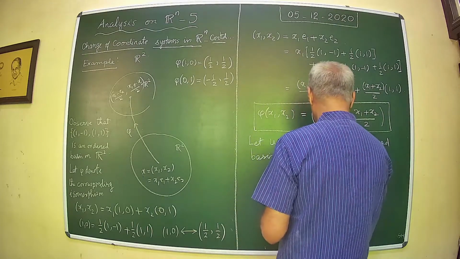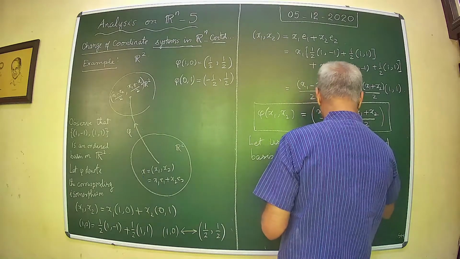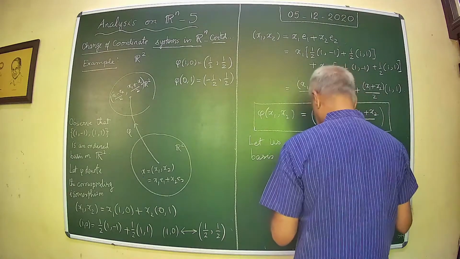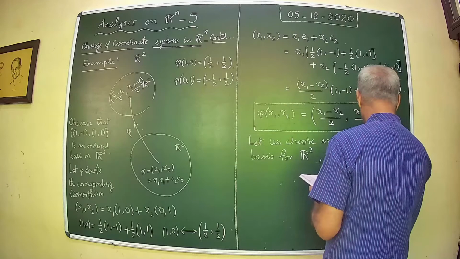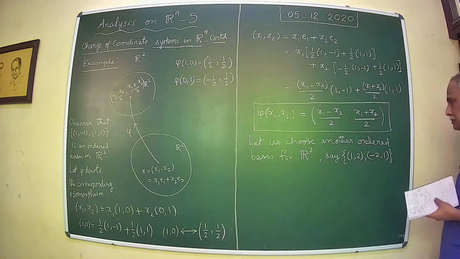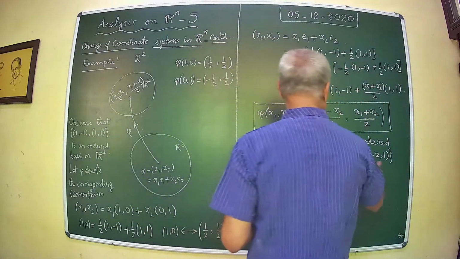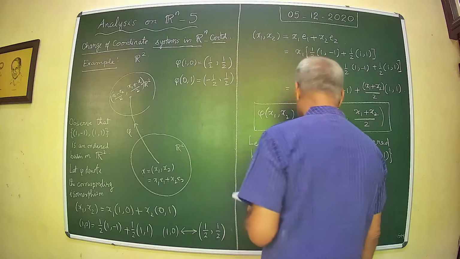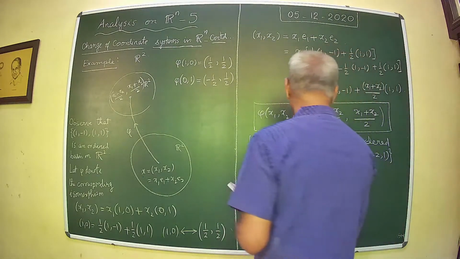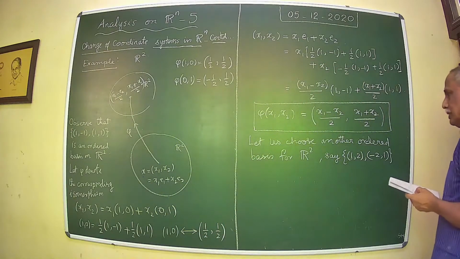Say (1, 2), (-2, 1). Verify that this is a basis. You have to check that this is linearly independent. That's quite easy to do. So this is an ordered basis. We choose this ordered basis.